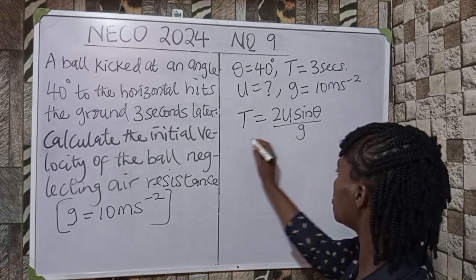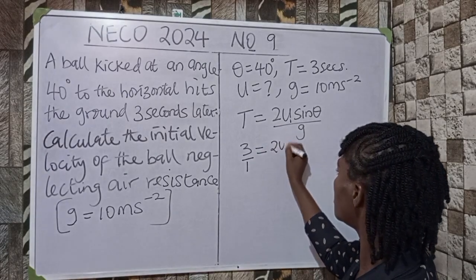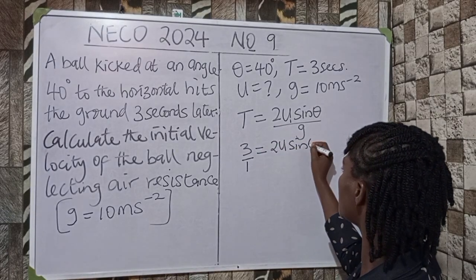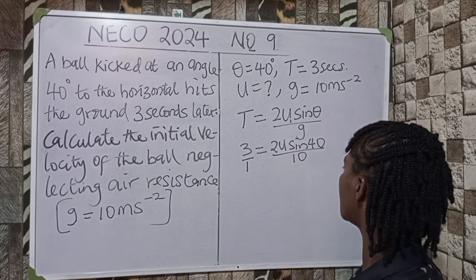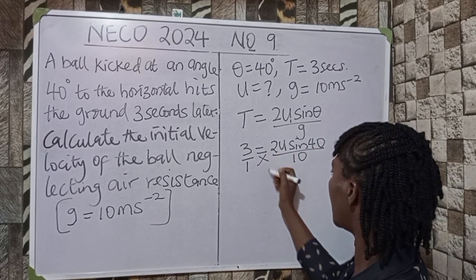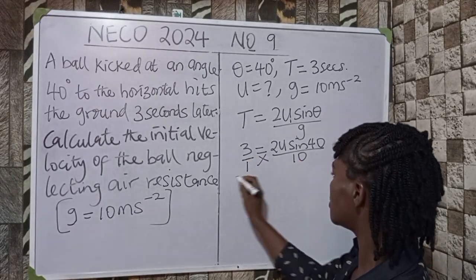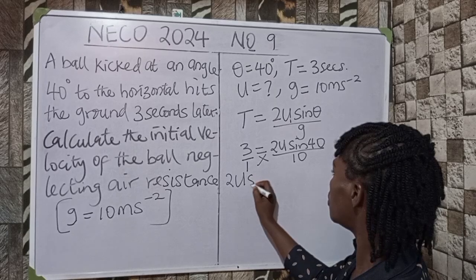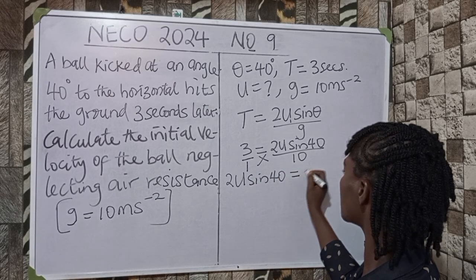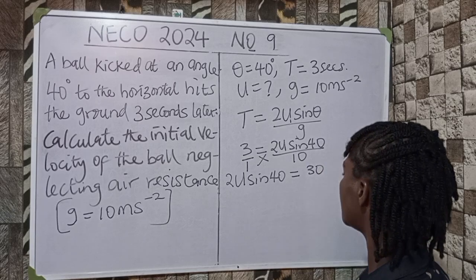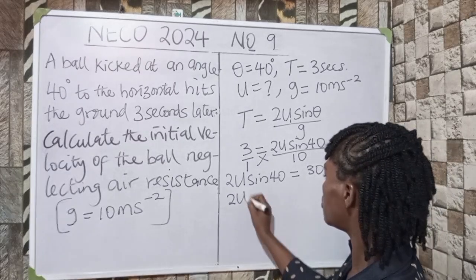Our time is given as 3. 3 over 1 is equals to 2u sine 40 divided by 10. So I will cross multiply. 3 times 10 is going to give me 30. So I will have 2u sine 40 is equals to 30.